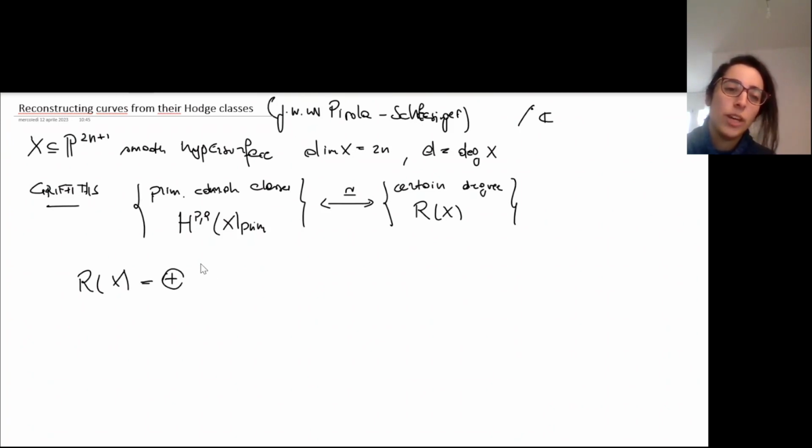This is the sum of H^0(O_{P^{2n+1}}(k)) modded out by the Jacobian ideal, degree by degree.